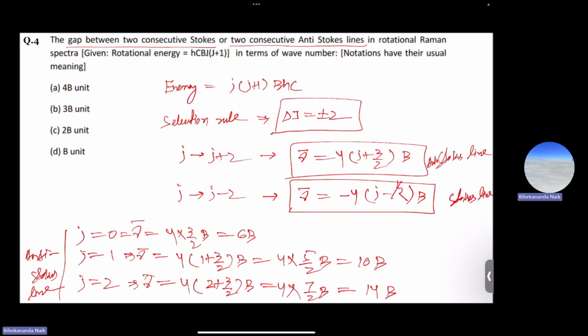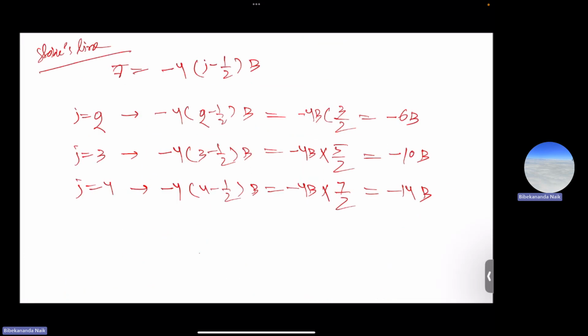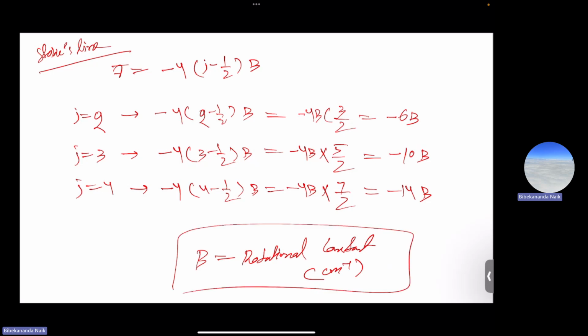So the correct option will be option A, that is 4B unit, where B is the rotational constant, and its unit is centimeter inverse. I hope this is clear to everyone. So this was about the spectra of pure Raman rotational spectra.